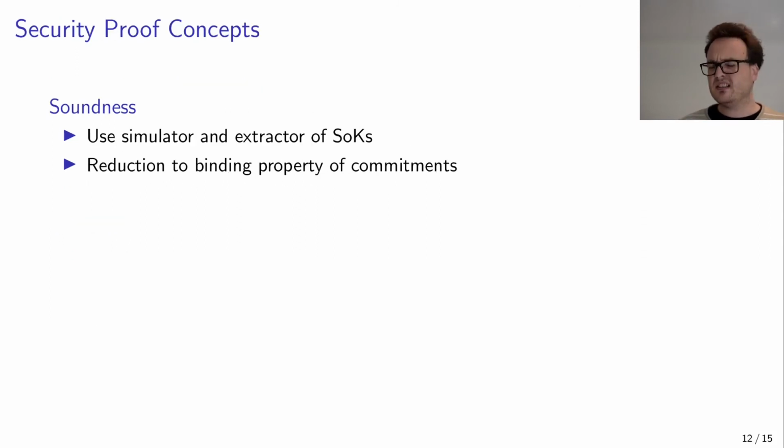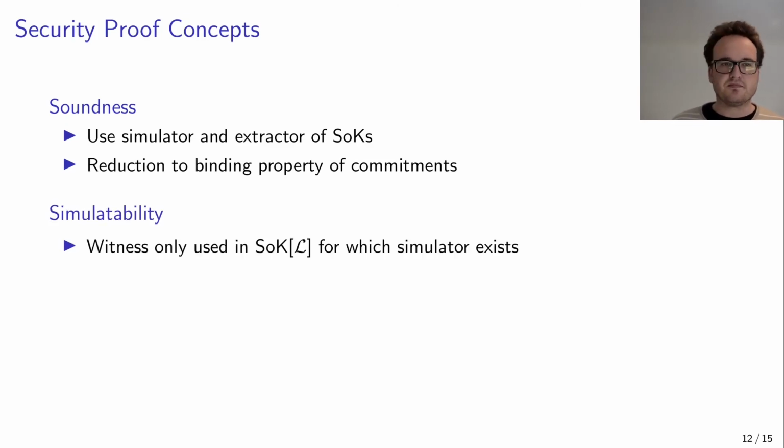So why is it all secure? The soundness comes from the simulator and the extractor of the signatures of knowledge, and then it reduces to the binding property of the commitments. The simulatability holds because the witness is only used in the signature of knowledge for the actual signing.